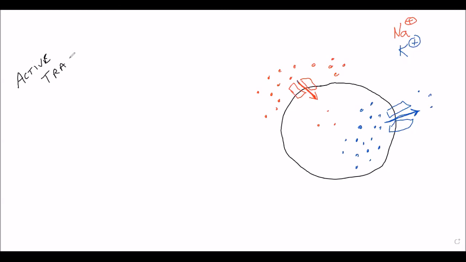Active transport is when we're going from a low concentration to a high concentration. That is not natural. If you have 3 people in the classroom and you have 100 people in the hallway, if that door opens, it is not natural to have the 3 people from inside the cell going outside the cell.